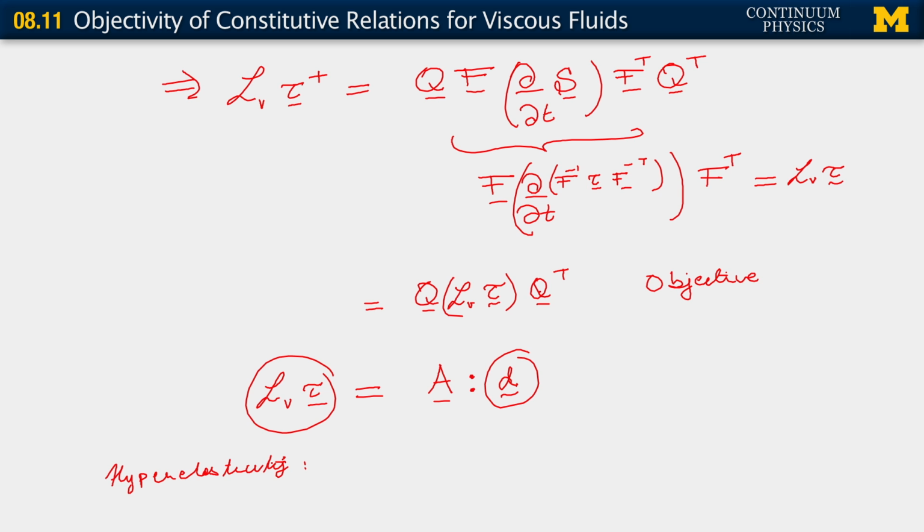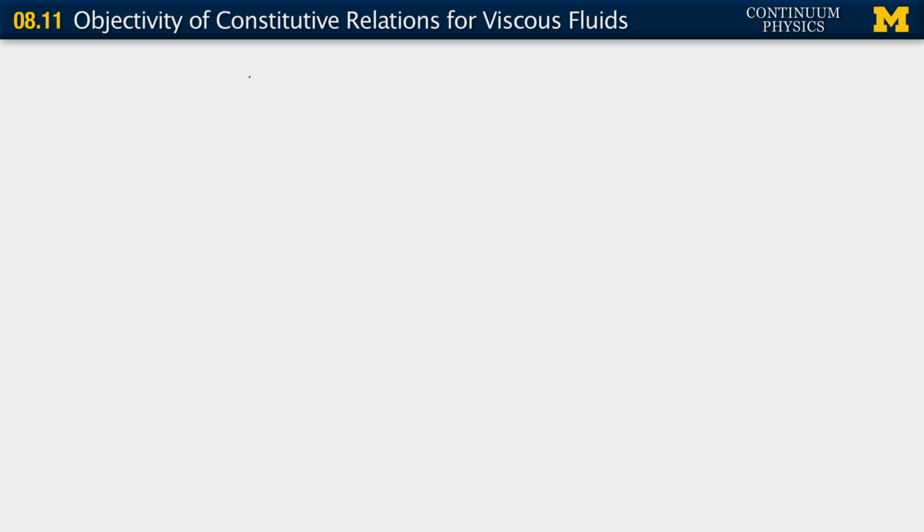Okay, what hyperelasticity tells us is the following. Okay, let me think of how we should do this best. Okay, hyperelasticity tells us that the Lie derivative of tau is F S dot F transpose.